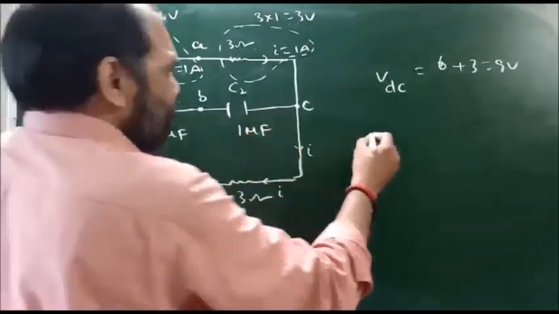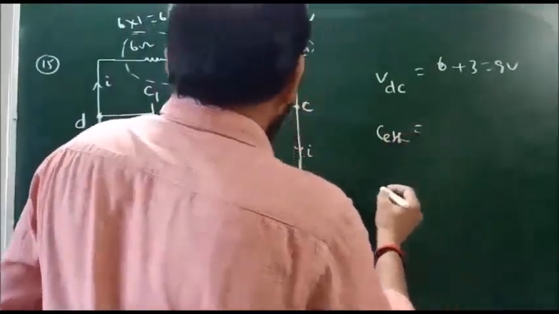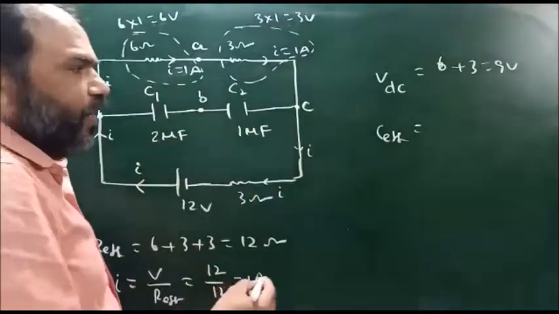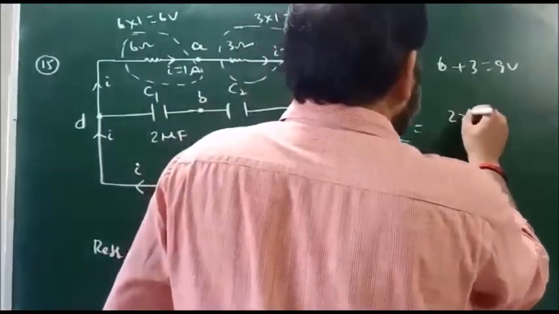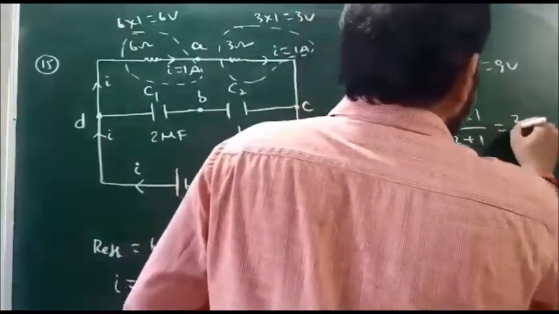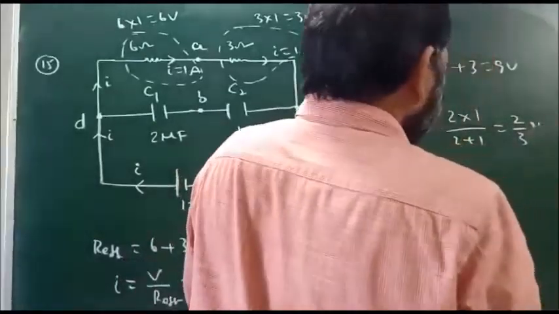In between D and C, the effective capacitance is calculated as follows: these two capacitors are present in series combination. In series combination, the effective capacitance is 2 into 1 by 2 plus 1, that is equal to 2 by 3 microfarads.